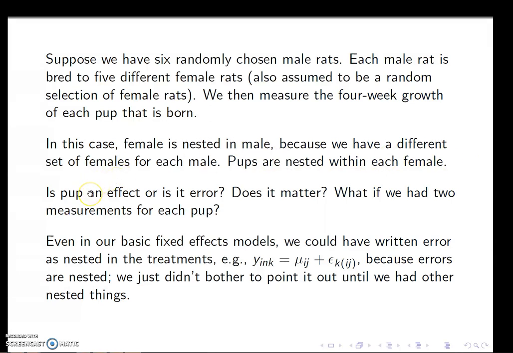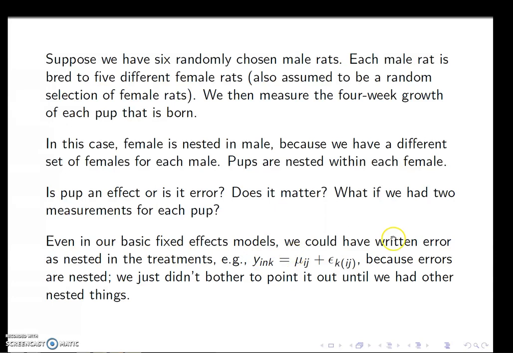Is pup an effect or is it an error? Don't call pups an error. That's just mean. Perhaps it could be either. I'm not sure. I agree with Gary. Does it really matter? I'm not sure. What if we have 2 measurements for each pup? Then would that be the error? I would think so. It just depends on how you're doing it. A pup could be error, and I think that would be okay in a lot of cases.